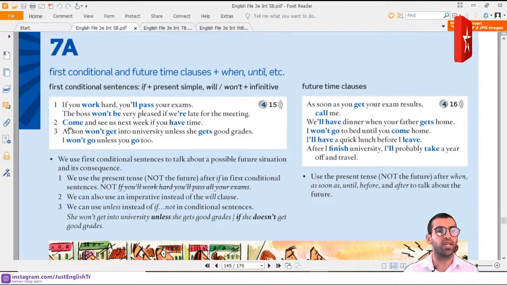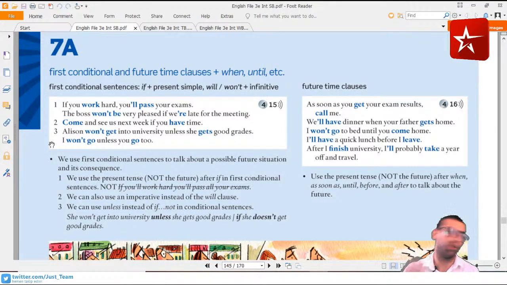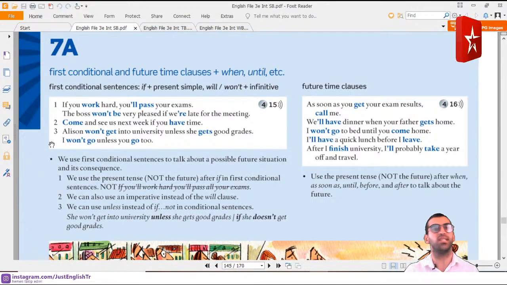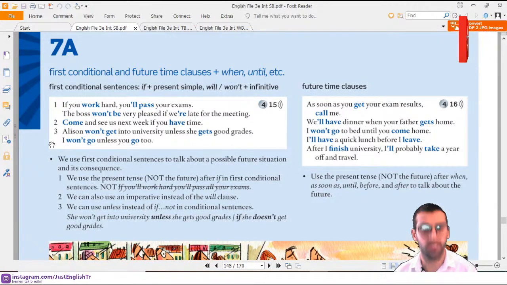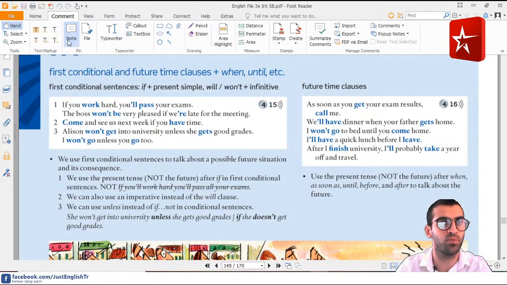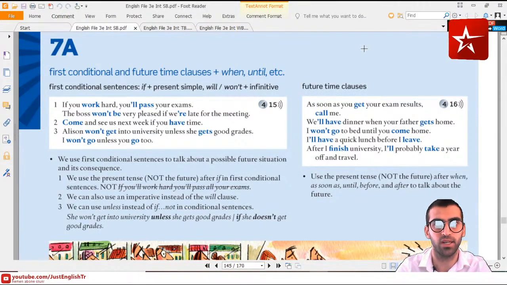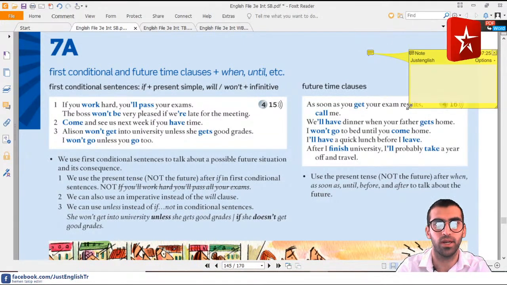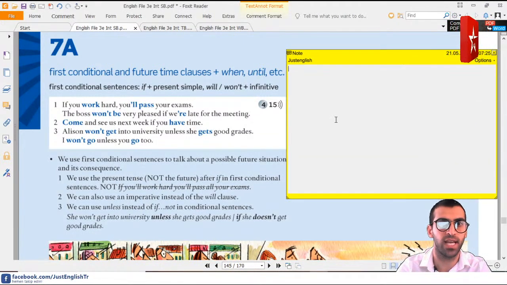And also we can use unless. Unless means if not. For example, Alison won't get into university unless she gets good grades. Let me explain it in more detail, because most of the students have difficulties with if not and unless.